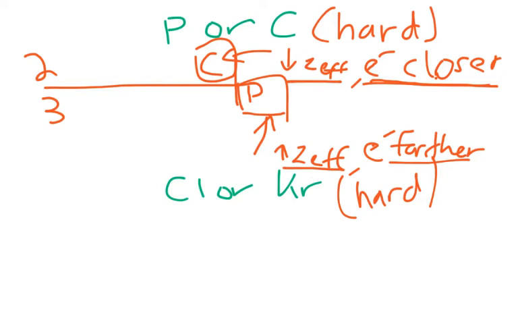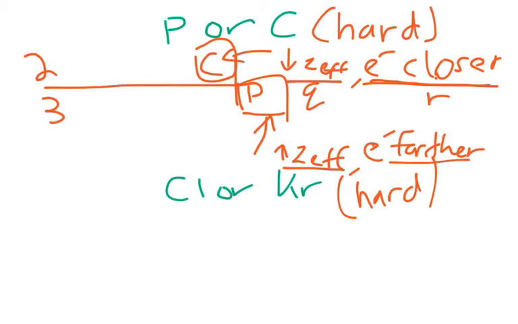Now, what this comes down to is whether Zeff dominates or the closeness of the electron dominates, aka the magnitude of the charge Q and the radius R from the nucleus, and this is from Coulomb's law, if you remember. So which one dominates? Well, I'll tell you something special.